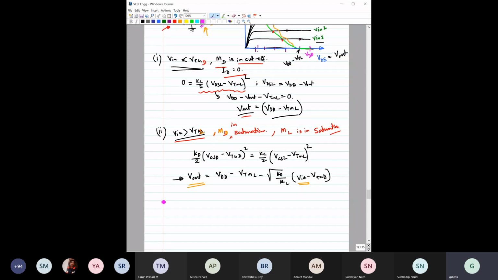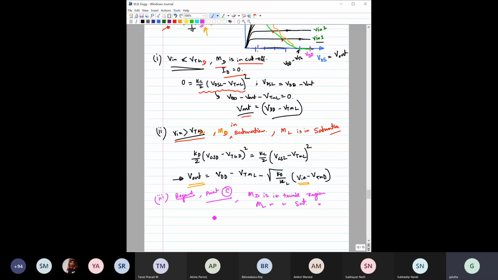So if I write that beyond point C, this MD is in triode region, but ML is in saturation region, right?